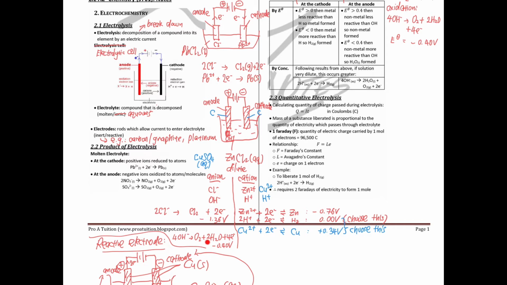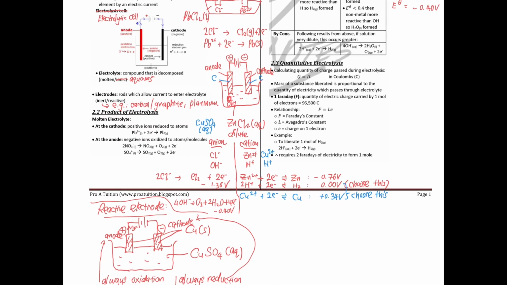Whoever is more positive is more likely to go forward. That is the concept. If you compare minus 1.36 and minus 0.40, the hydroxide is more positive, so we choose hydroxide.